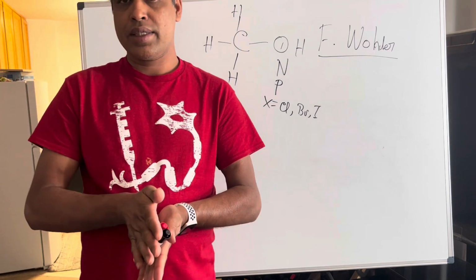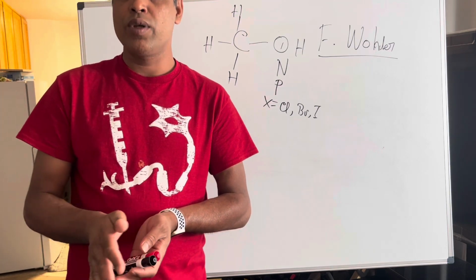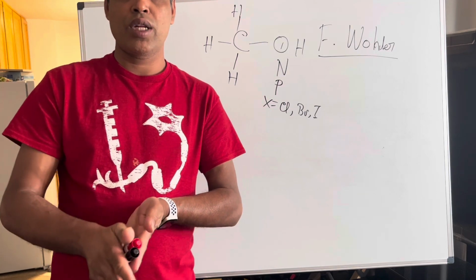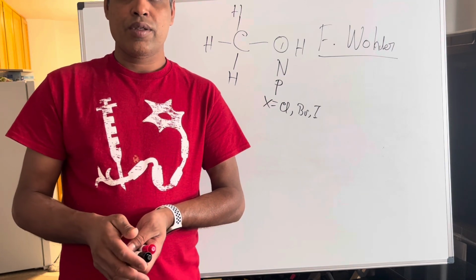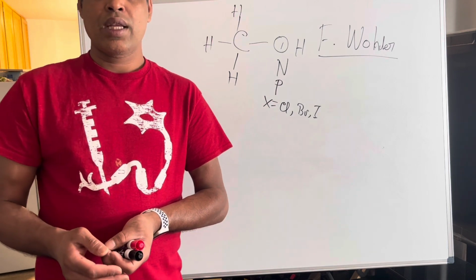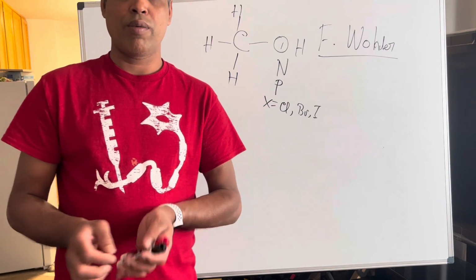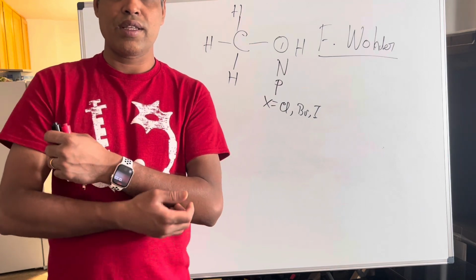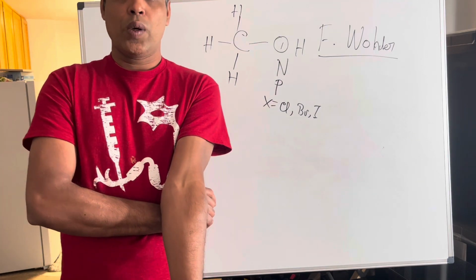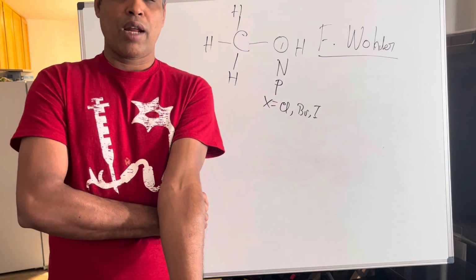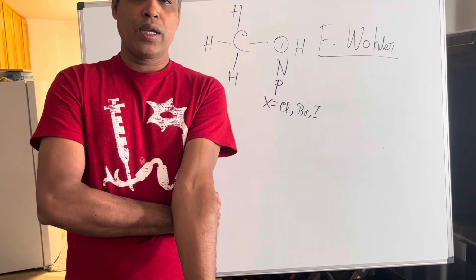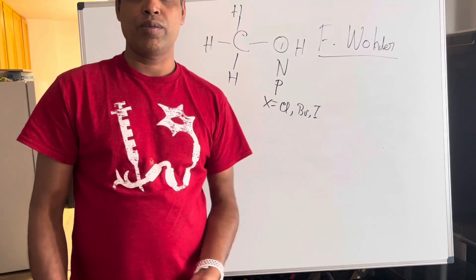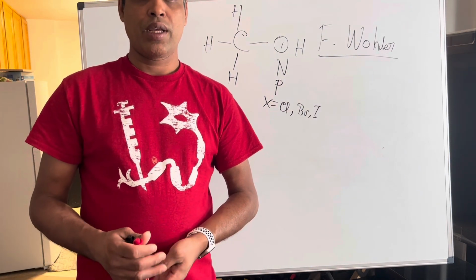In that case, it produced urea, which is an organic compound, and you know urea is found in the urine of animals. So he discovered that organic compounds can be produced synthetically in the laboratory, or from inorganic compounds. That's why Friedrich Wöhler is called the father of organic chemistry.